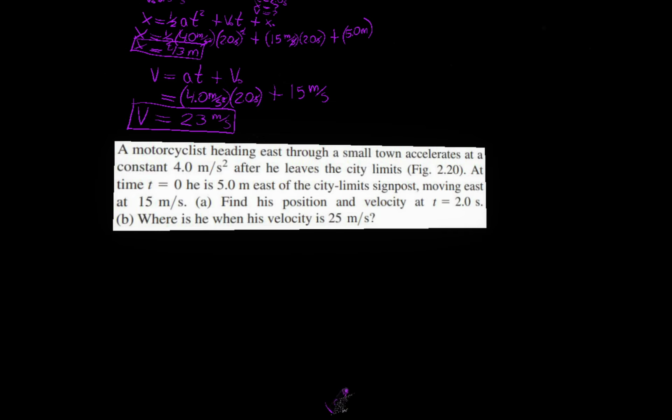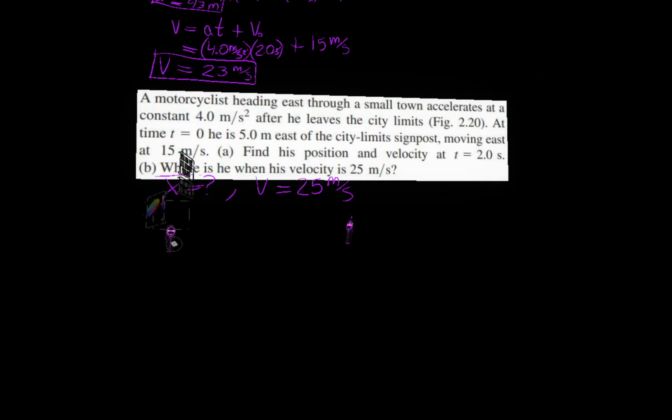What position is he at, right? So where, that's position. What position is he at? So x equals what when his velocity, v, we're not talking about initially, we're talking about some later time, is equal to 25 meters per second. Right? So we're going to be some way further down our eastward direction. So this is B here.